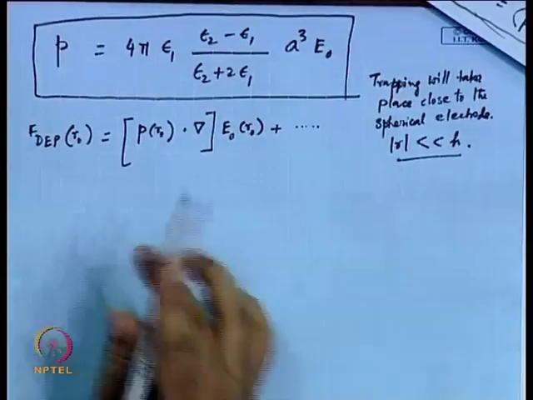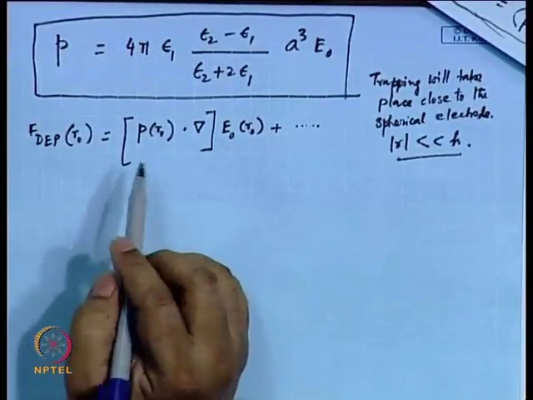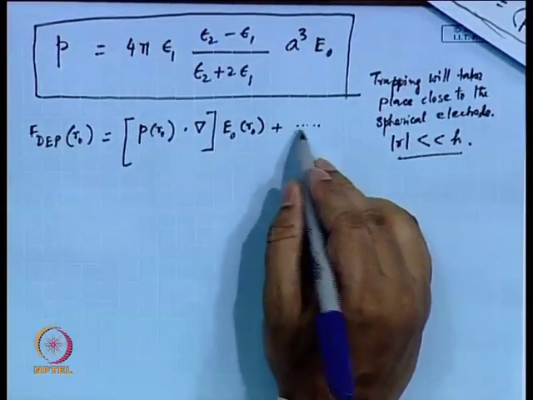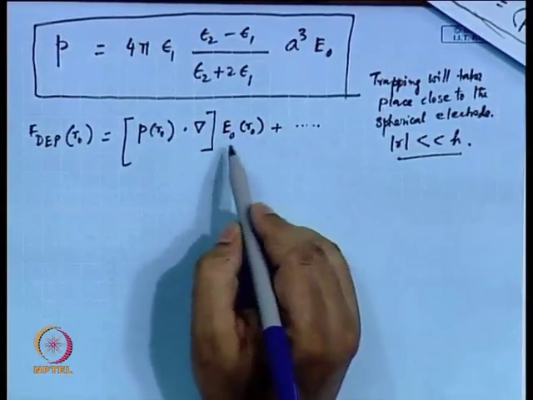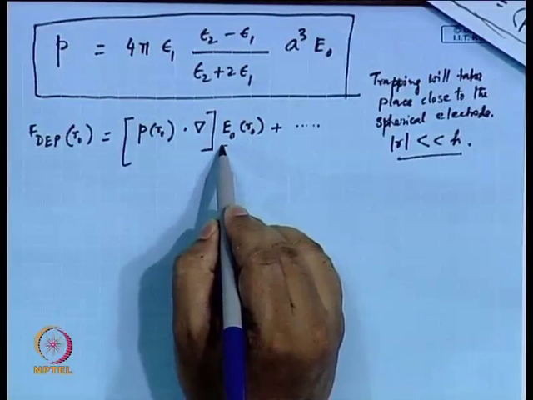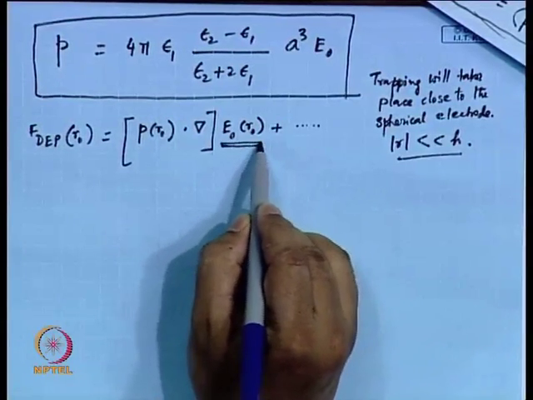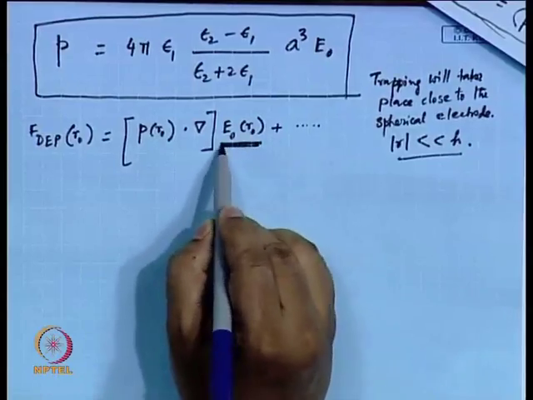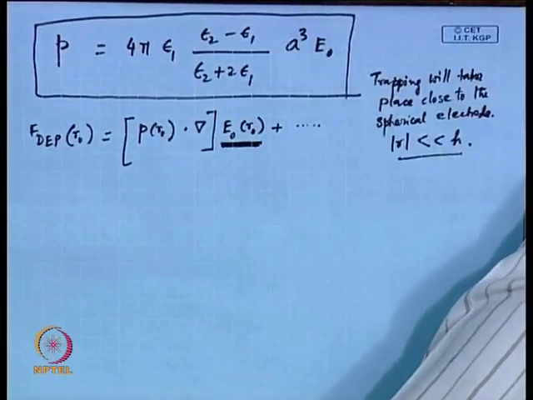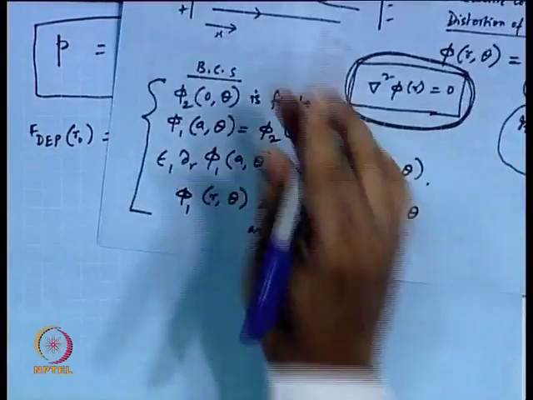Basically this F DEP at R0 here should have some other higher order terms, because what you are doing here is writing this as E0 of R0. This E0 is with reference to the unperturbed electric field.